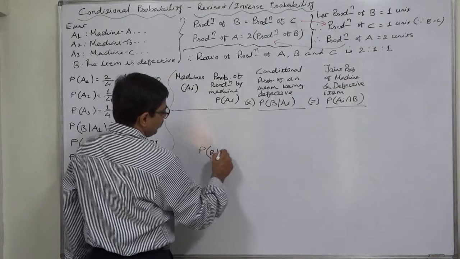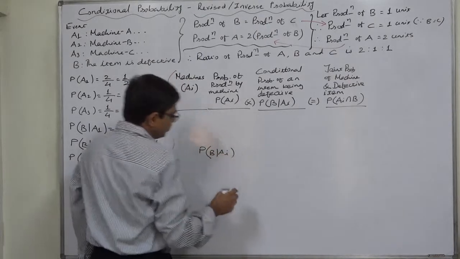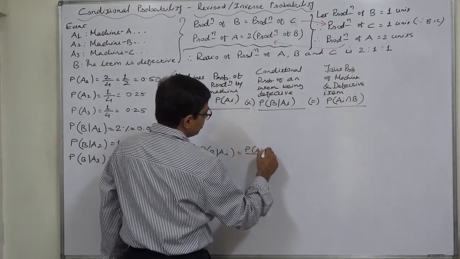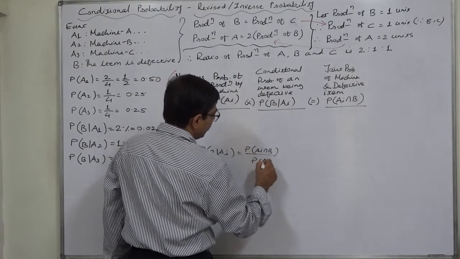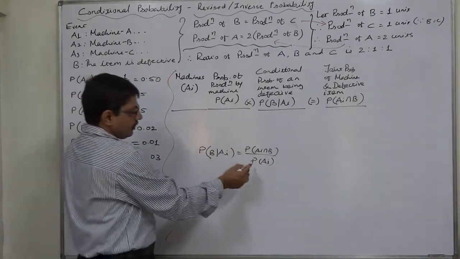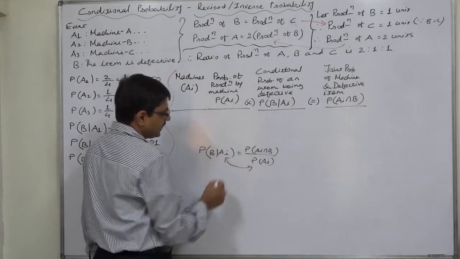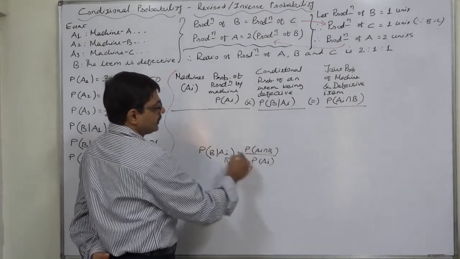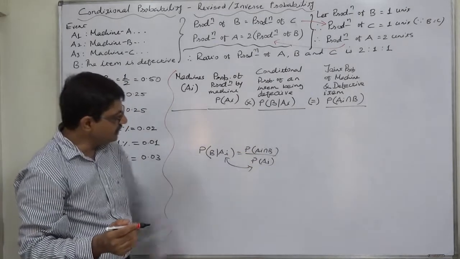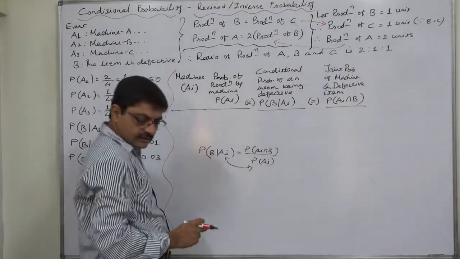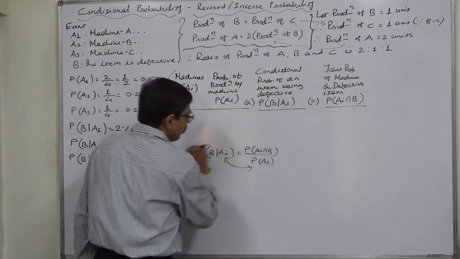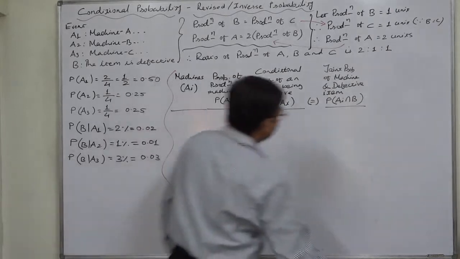The formula of conditional probability of B subject to happening of AI is P of AI intersection B upon P of AI. We know these two probabilities. So, by using the general law of multiplication, we can find out the joint probability of machine and defective item. In this case, we directly use the general law of multiplication of probabilities.